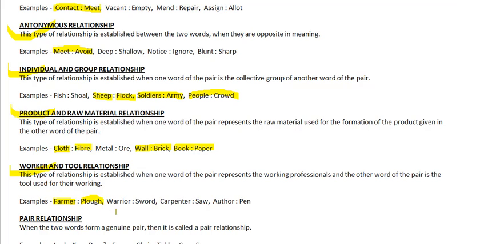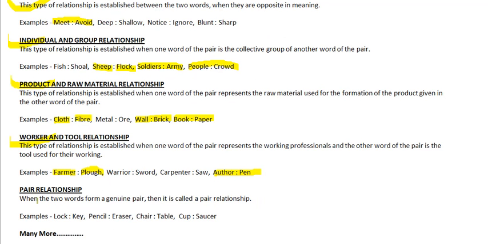Like a farmer uses a plow in the field, a warrior uses the sword, a carpenter uses the saw, and an author uses the pen. The next type of relationship is pair relationship, like we generally use in our day-to-day life: lock and key, pencil and eraser, chair, table, cup and saucer.